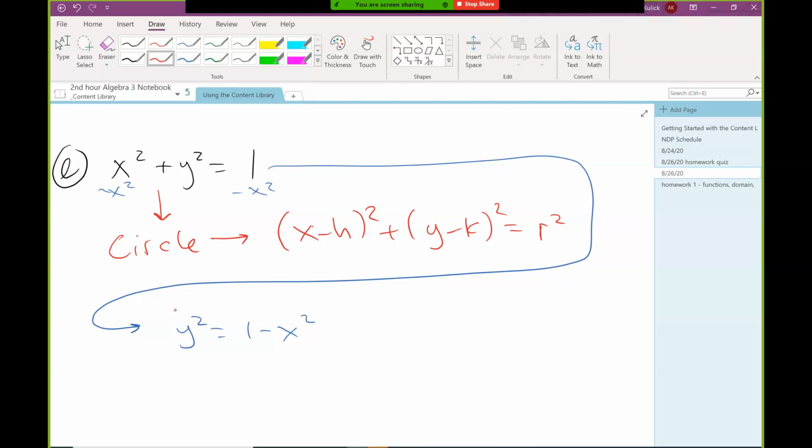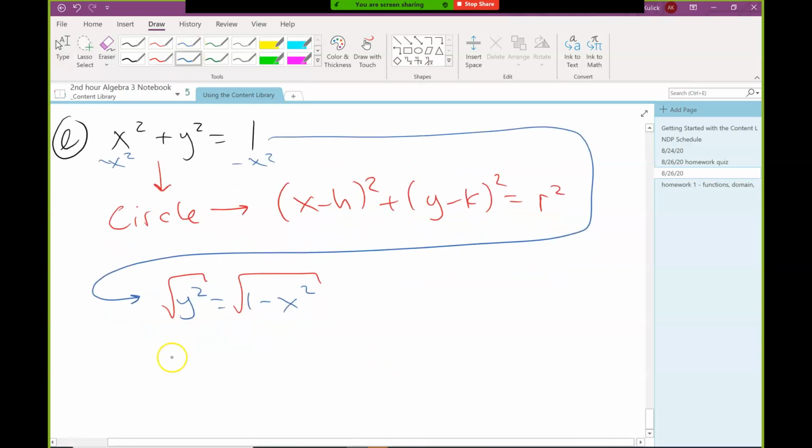What operation is going to undo an exponent? Okay, so exponents never distribute, so that's a no from the get-go. Square root. Yeah, exactly. Okay, so we'll square root both sides of this.